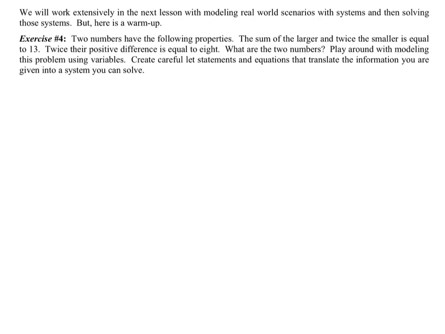So let statements is when you're saying let x stand for our smaller number and let y stand for our larger number. So now we just have variables that are going to be used the same way.